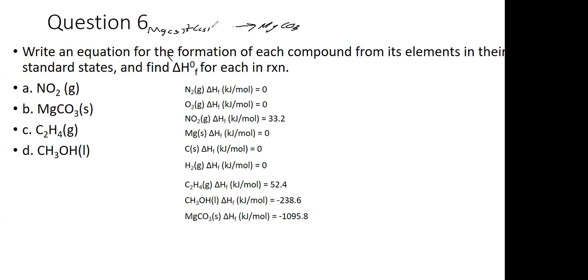And it's made out of oxygen, plus an O2 gas. All right, so Mg is balanced. We have one on each side. Carbon is balanced. We have one on each side. But our oxygen are not balanced. We have O2 on the left, O3 on the right. So I need to modify that.